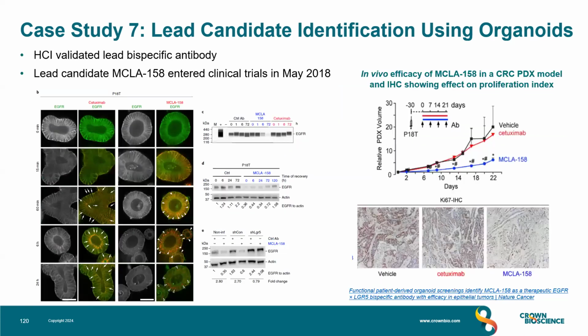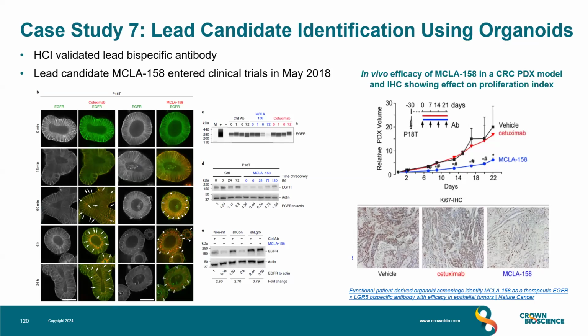The data here shows the internalization and the degradation of EGFR by test agent MCLA-158, which was more rapid in comparison to cetuximab, and also mediated by LGR5, but not seen in normal tissue, which lacks LGR5.